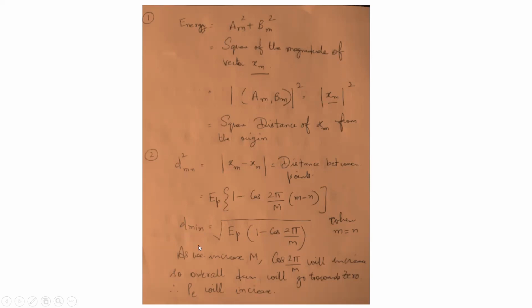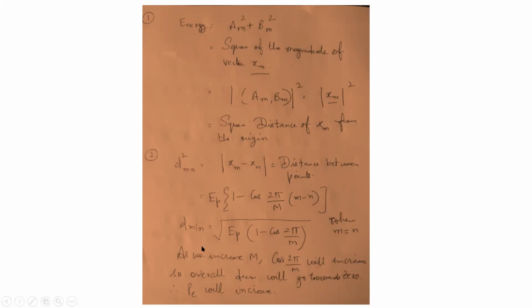So what is the demerit of having the distance as low as possible? The demerit is that if the distance between the 2 points is decreasing, the probability of error will increase. It will be difficult to detect different signal points at the receiver, because once the noise affects the signals, if the 2 points are closer to each other, it will be difficult to detect the signal points separately, right?